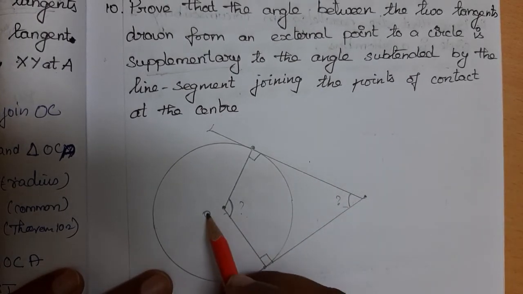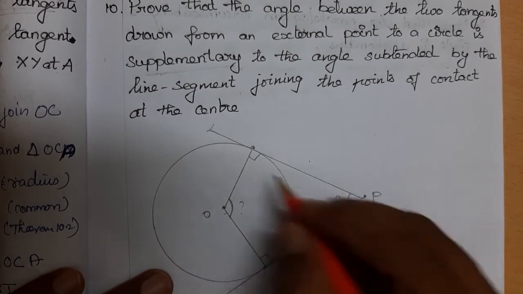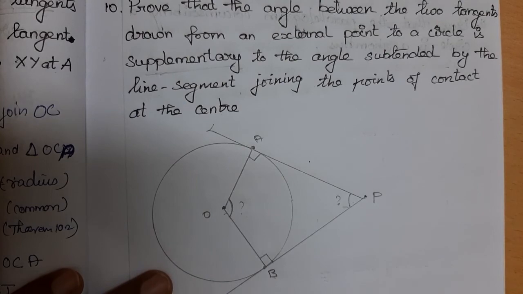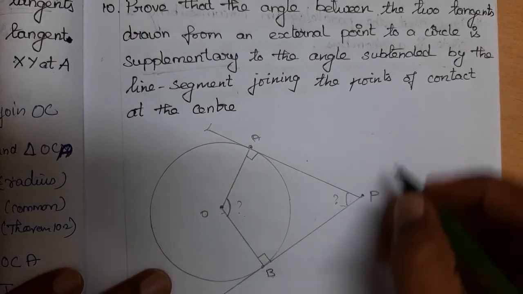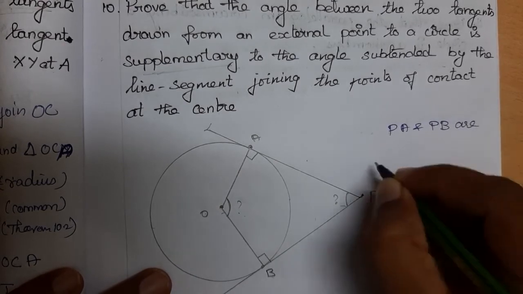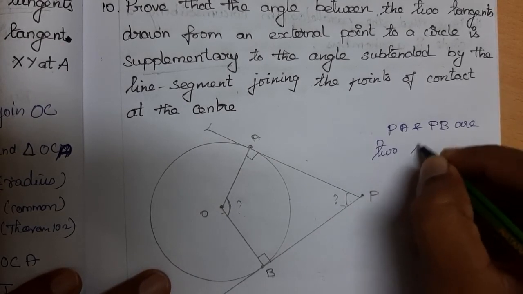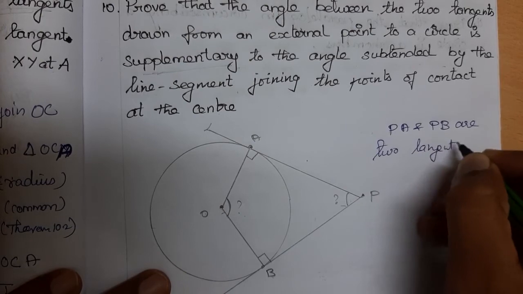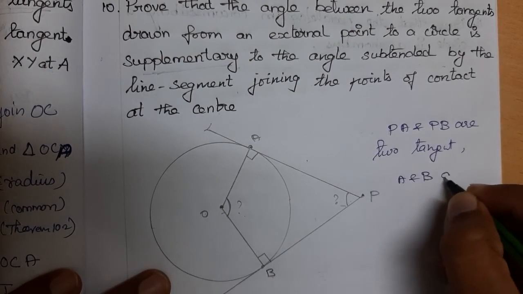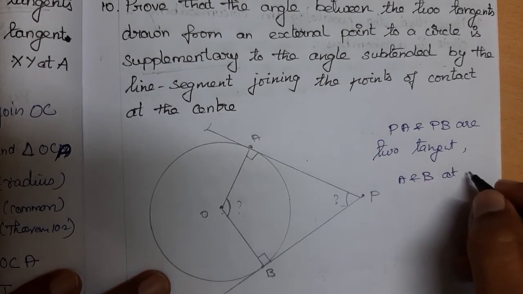Let me consider this point as O and P, this as A and this as B, right? PA and PB are two tangents, and A and B are the points of contact. We know the radius is perpendicular at the point of contact.